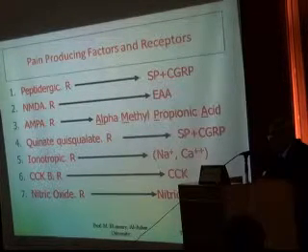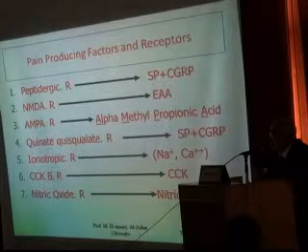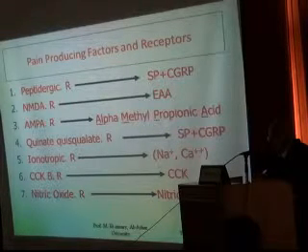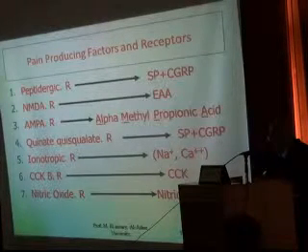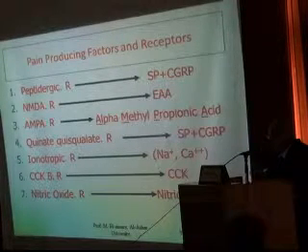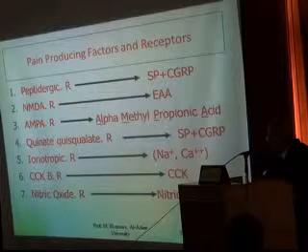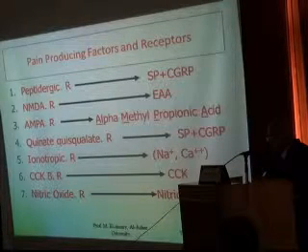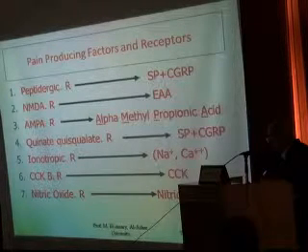On the top of the row, we have peptidergic receptors, carried by substance P and calcitonin gene-related peptide; NMDA receptors, stimulated by excitatory amino acids, glutamate and aspartate; AMPA receptors, alpha-amino-3-hydroxy-5-methyl-4-isoxazole propionic acid, and kainate receptors, also stimulated by substance P and calcitonin gene-related peptide; and ionotropic or voltage-gated receptors, responsible for sodium and calcium influx into the cells.